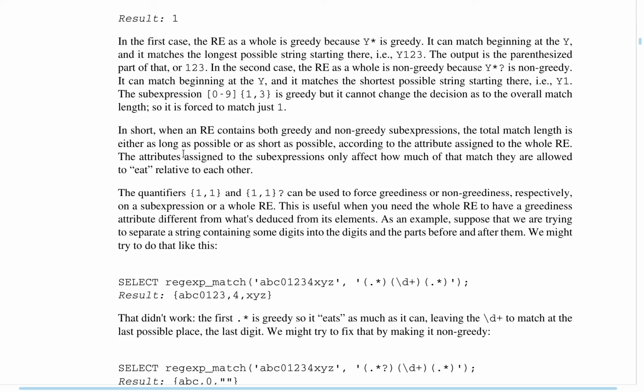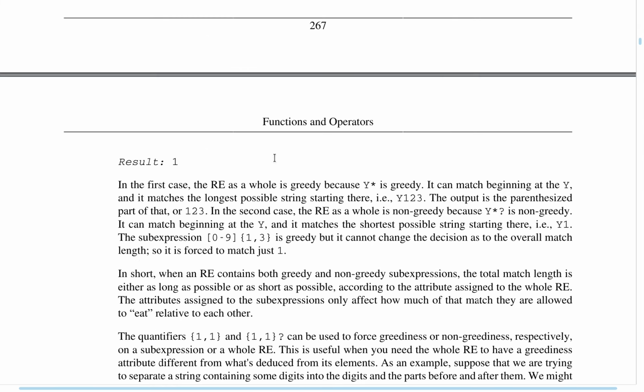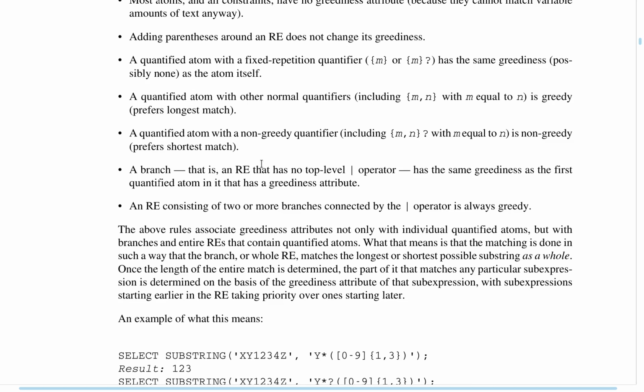If you understand look ahead, look behind, positive ones and negative ones both, then you are more or less settled, along with the quantifiers for matching a certain number of occurrences. If you know this much, you will be able to write regular expressions for roughly 99% of cases, and that is good enough. For the remaining 1%, you should come back and refer to the documentation. And those will be few and far between.